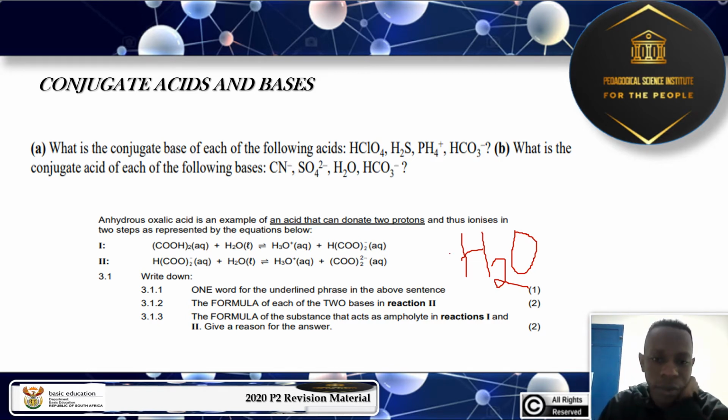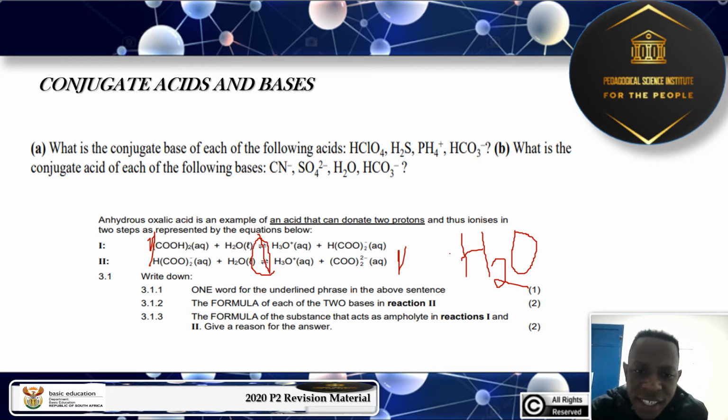Then where is the other base? We can say that this reaction is reversible, meaning we can start this equation from this side, or from that side, we can start it anyhow. So let us look here at C2O4 2 minus, but when we come to this side, now it has H, it has gained.